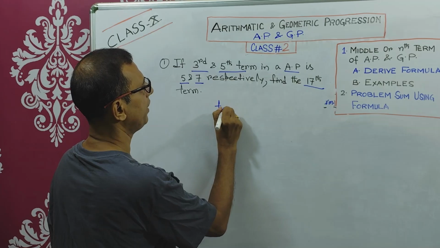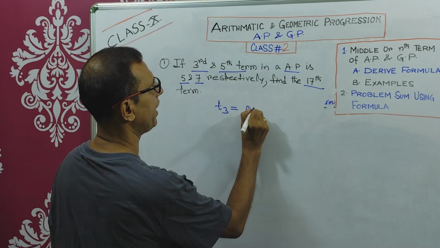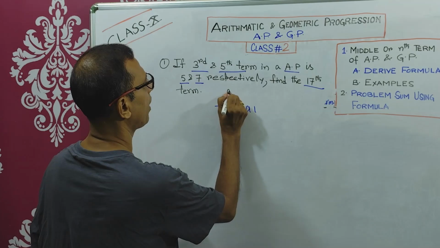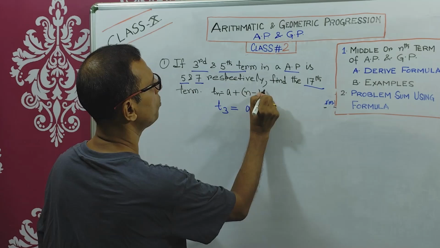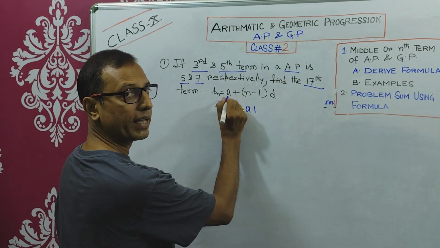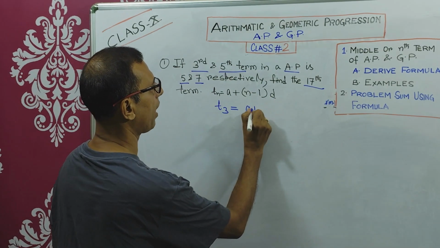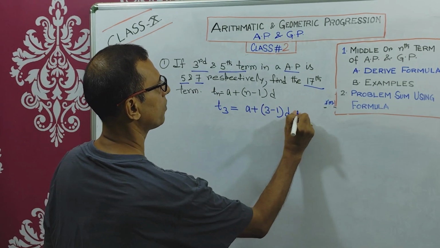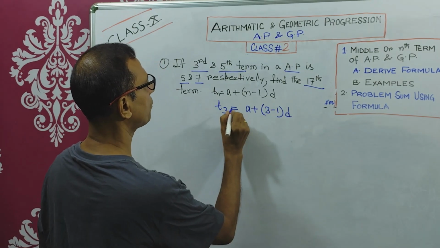Third term T3 equals A plus (n minus 1) into D. So this is the formula we are utilizing here, Tn equals A plus (n minus 1) into D, where A is the first term, n is the number of terms, and D is the common difference. So T3 equals A plus (3 minus 1) into D. What is the value of T3?